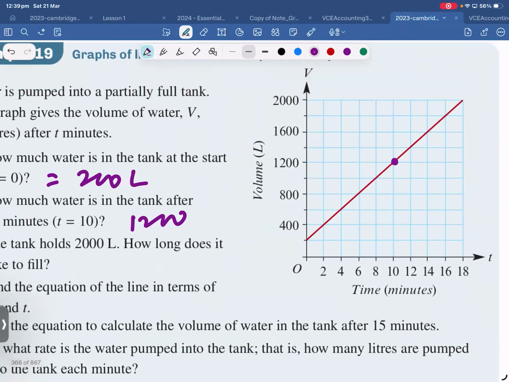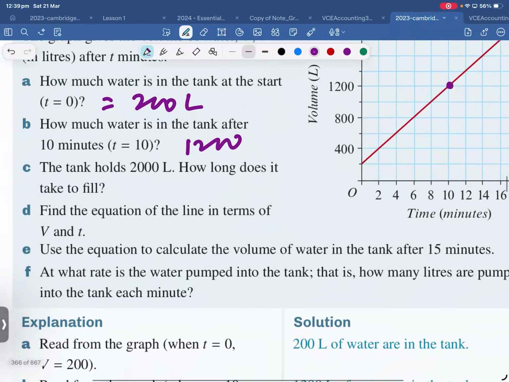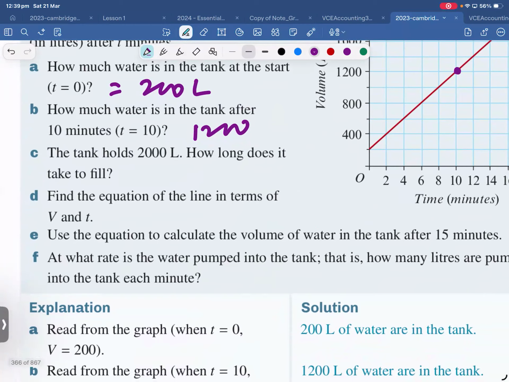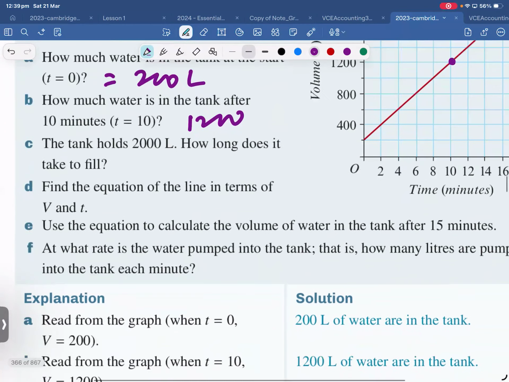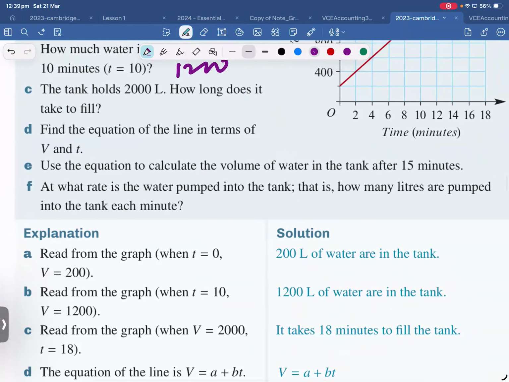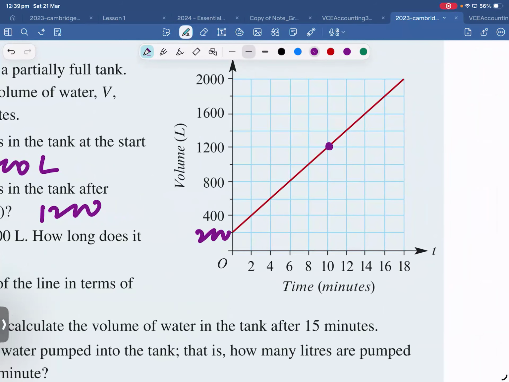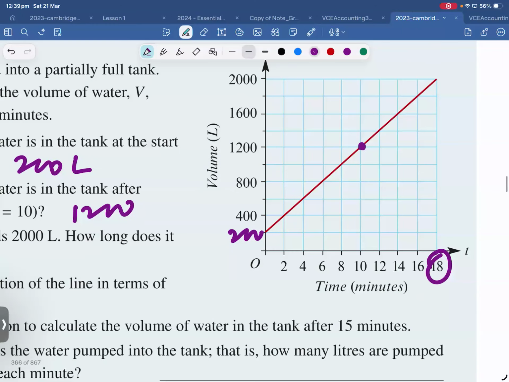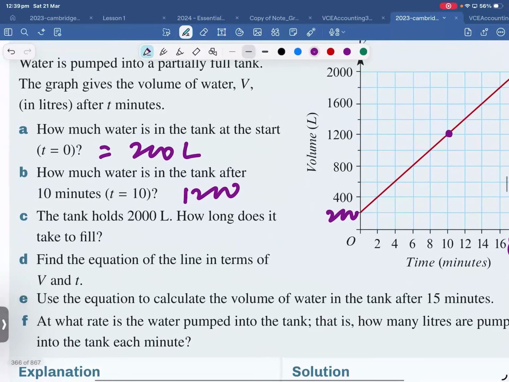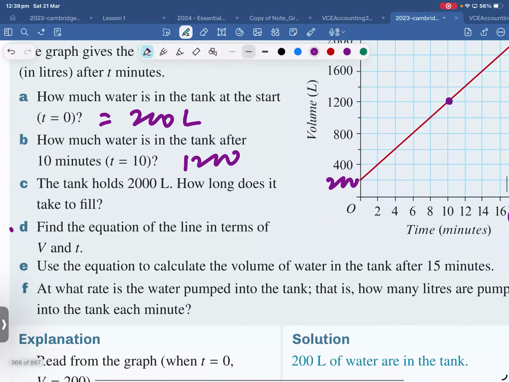But if you are taking from 0, then it's a different story. At this point, because it is 200 filled, it will take 18 minutes to fill the entire tank. Then we have to find the equation in terms of V and T.